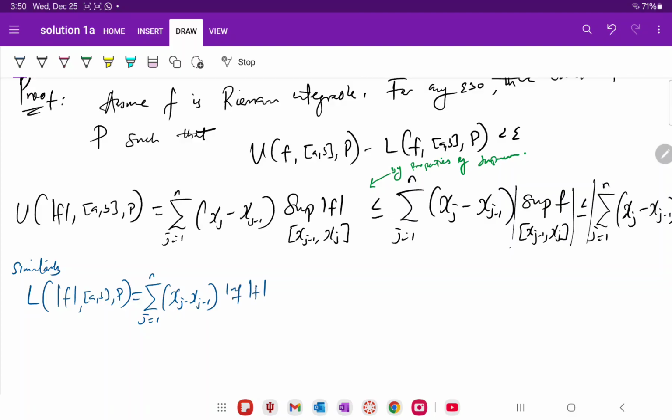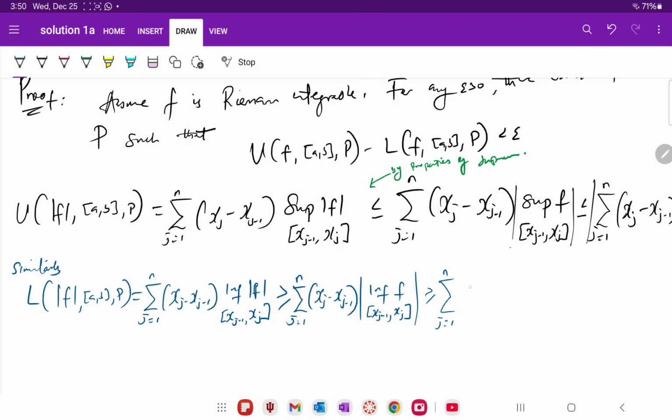The infimum of f on [s_{j-1}, s_j] times s_j minus s_{j-1}, summed from j equals 1 to n, will be greater than or equal to the summation of s_j minus s_{j-1} times the infimum of the modulus of f on [s_{j-1}, s_j], and this goes to the modulus of the lower Riemann sum.